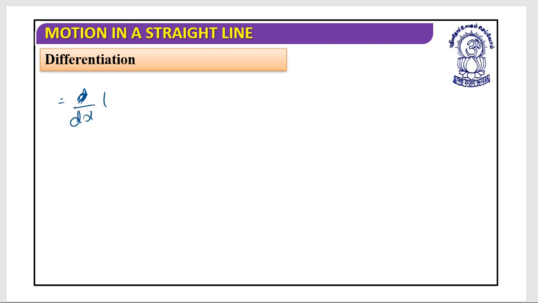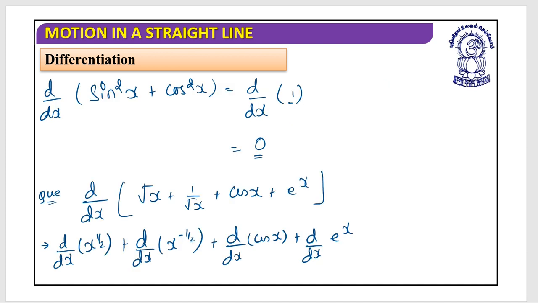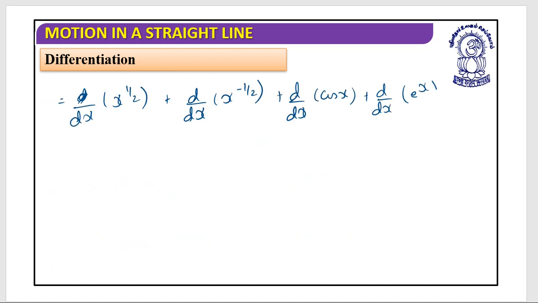Shall I rewrite this so that things would be easier? d by dx of x to the power half plus d by dx of x to the power minus half plus d by dx of cos x plus d by dx of e to the power x.